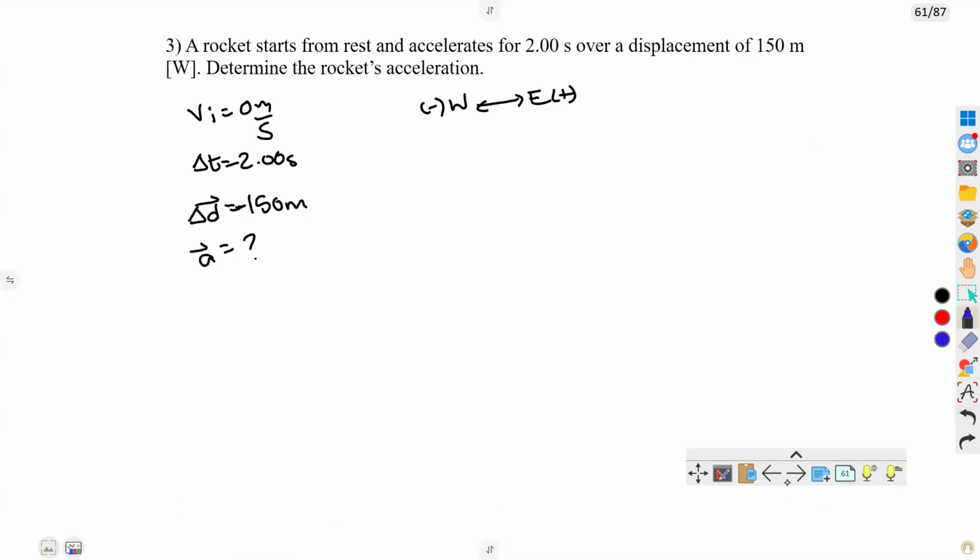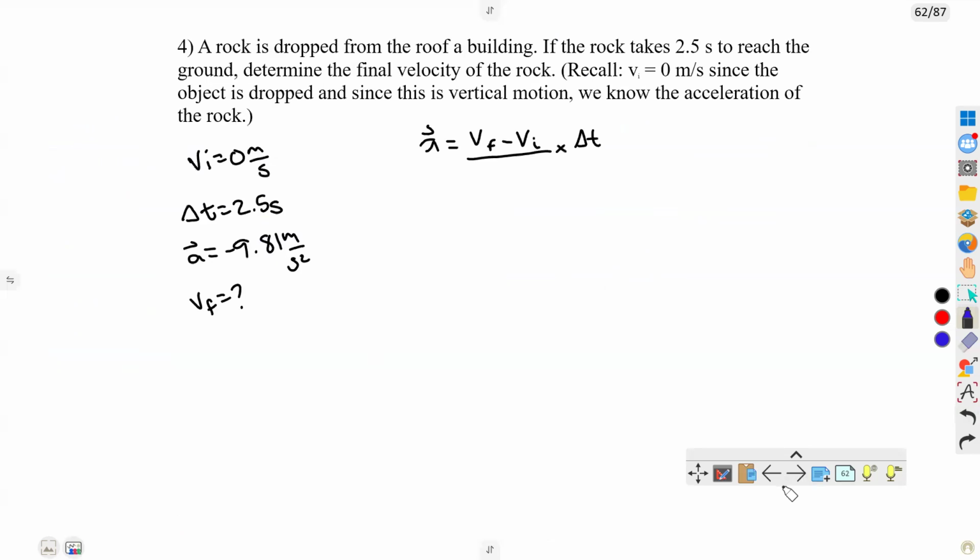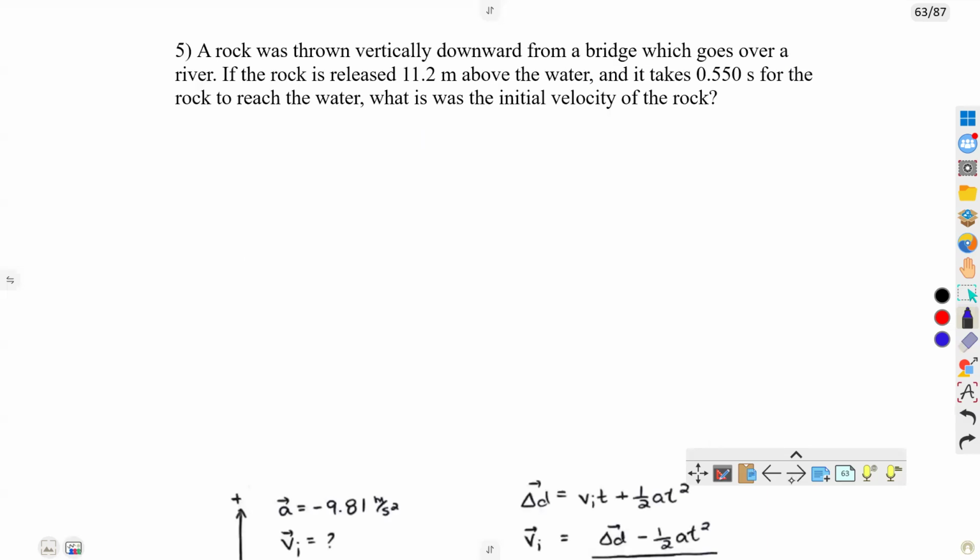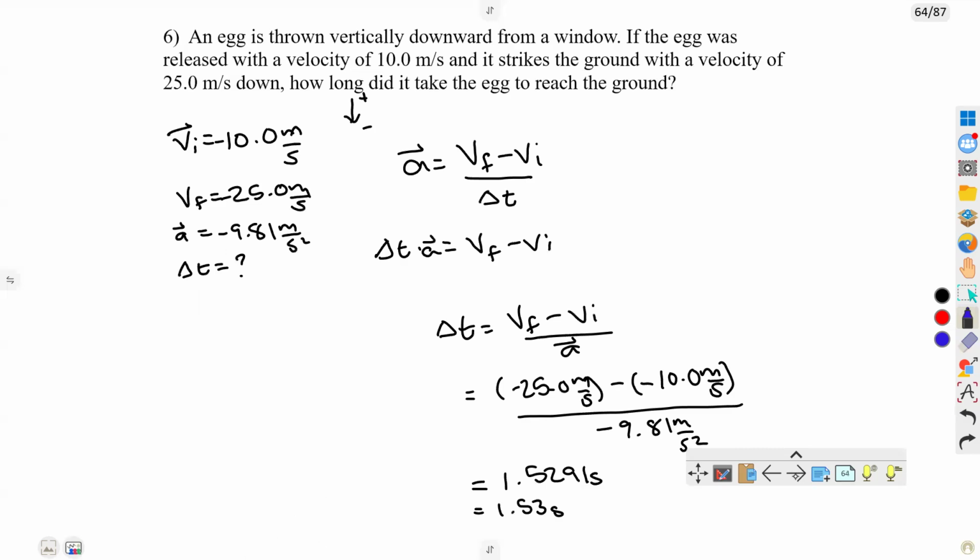For this one, I've identified the variables for you, so I'm going to give you a chance to work on it on your own. I'm also going to let you do this one on your own. Again, you are given what the different variables are, so please choose the correct equation to use, and go through all of these.